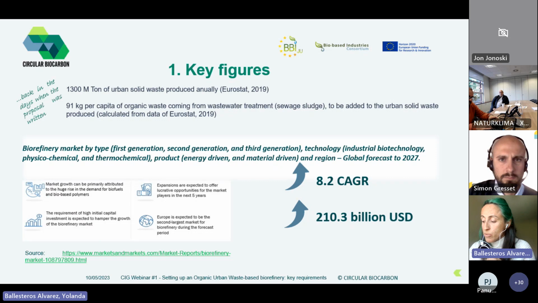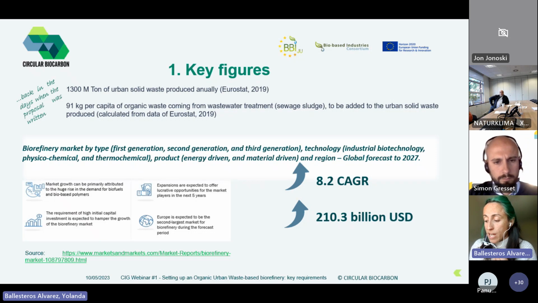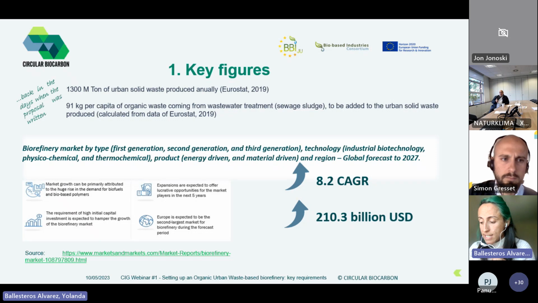And this observation motivated the writing and submission of projects like Circular Biocarbon. When the first stone for this project was placed, the most recent Eurostat data for that moment indicated 1,300 million tons of urban solid waste produced annually and 91 kilograms per capita of organic waste coming from wastewater treatment. Those amounts have increased a little through the years.